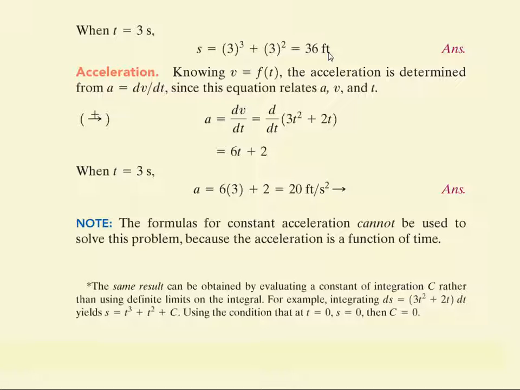The derivative then is 6t plus 2. So if you have the velocity as a function of time, then the acceleration is 6t plus 2. And when t is equal to 3 seconds, you have 6 times 3 plus 2, 20 feet per second squared.